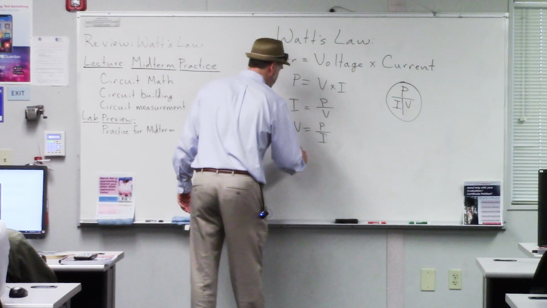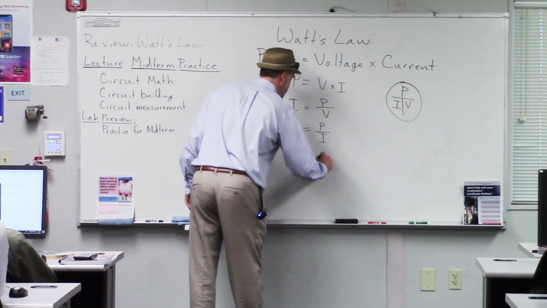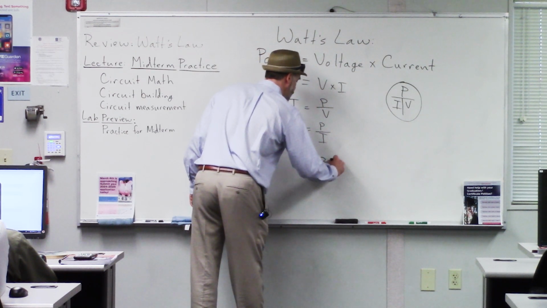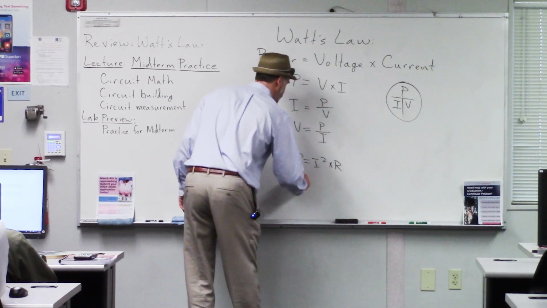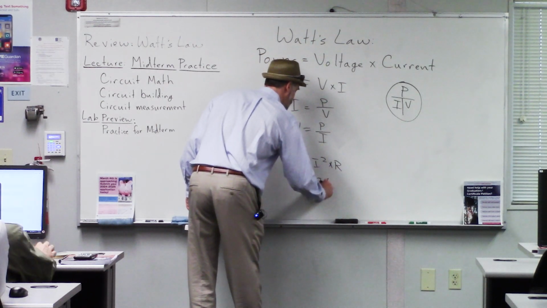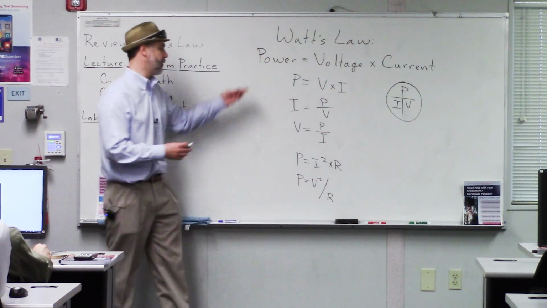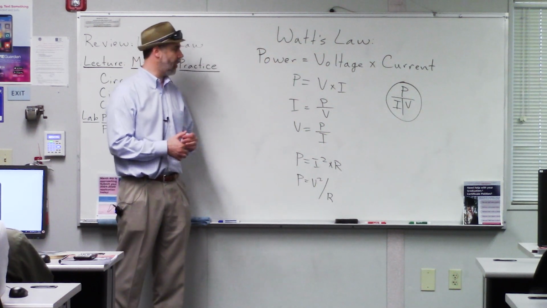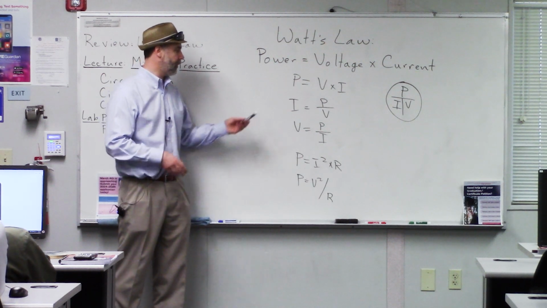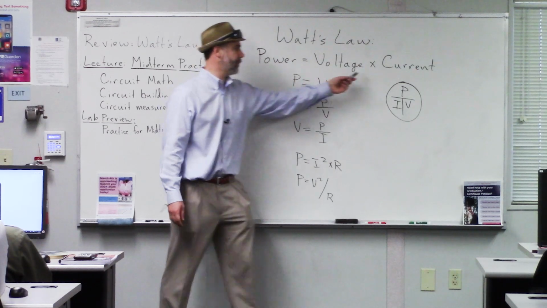We could say that power equals I squared times R, or power equals V squared divided by R. Okay? So these are all different forms of Watt's law. They're really just different ways of writing this same thing, that power is voltage times current.